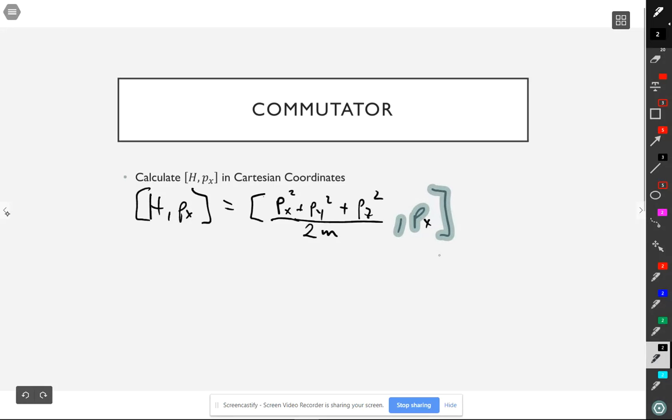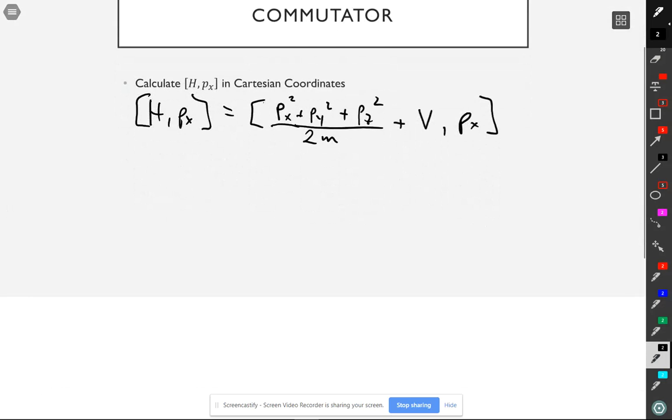Let's at least put a potential energy with this. So there's our Hamiltonian, comma, px. And if I can do it without putting the psi there, I will. If I have to take a derivative, I'm going to have to throw a psi at the end of everything.